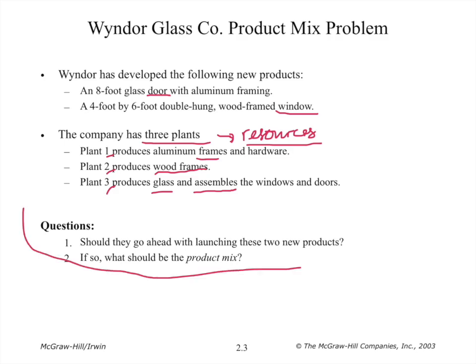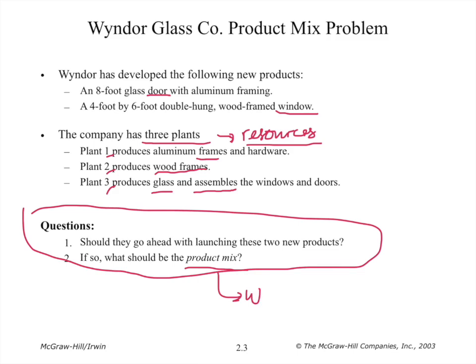And we have a question here: should they go ahead with launching these two new products, and if so, what should be the product mix? How many windows and how many doors do we have to produce?